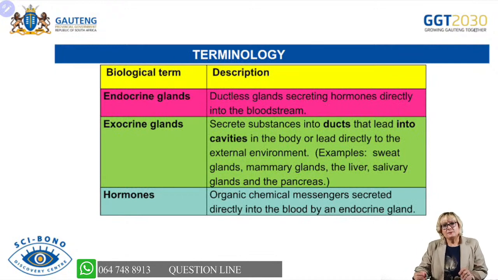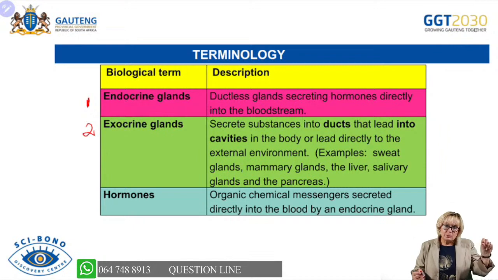Terminology. At this stage, there are 3 terms that are very important for you to remember and to understand. The first one is the difference between an endocrine gland and an exocrine gland. An endocrine gland is a ductless gland, so there's no little tube. That gland is secreting hormones directly into your bloodstream.